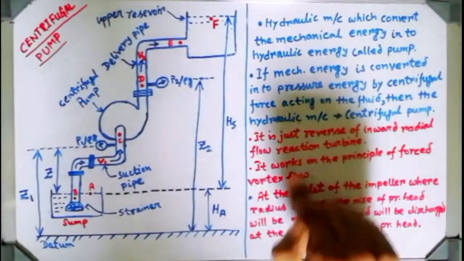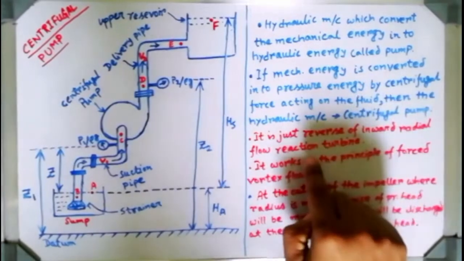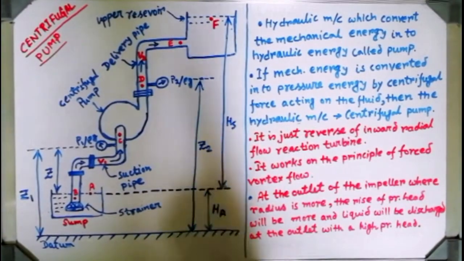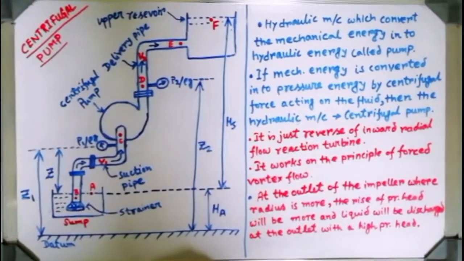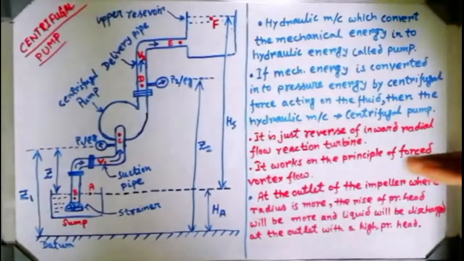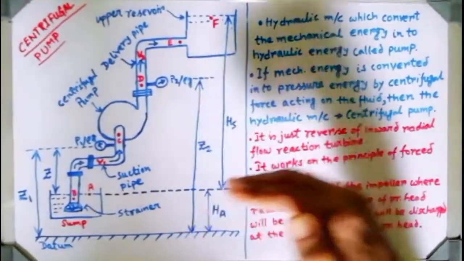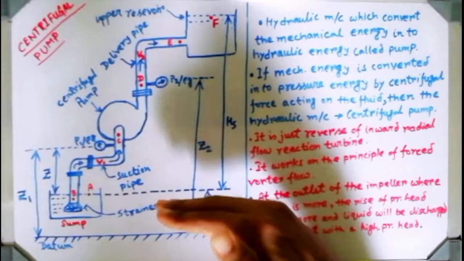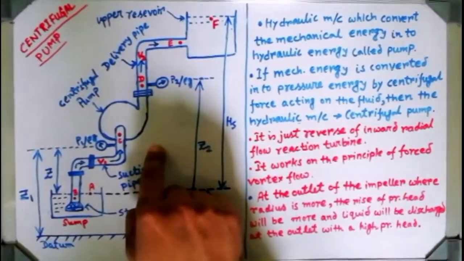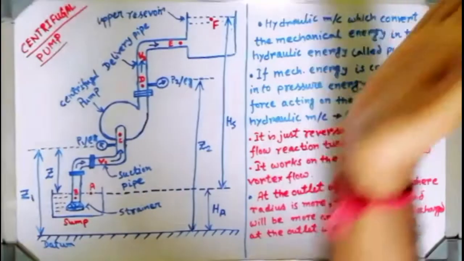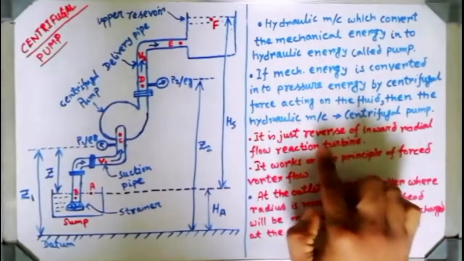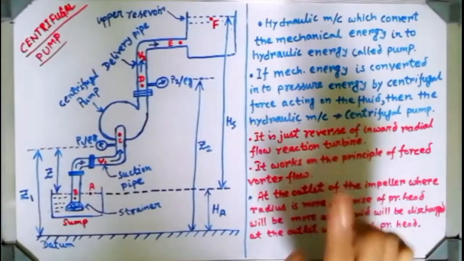That means in case of an inward radial flow reaction turbine like the Francis turbine, we have seen the working fluid, that is the water, is coming in radially towards the center. And in case of a centrifugal pump, the working fluid will go out radially. That is why I have written reverse of inward radial flow reaction turbine.